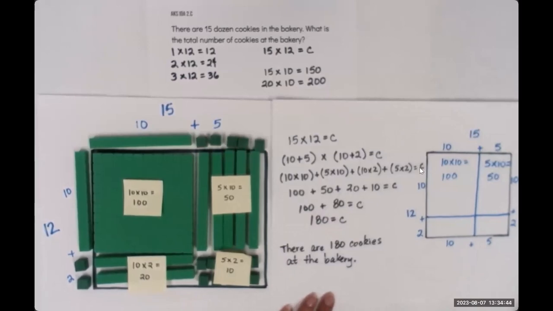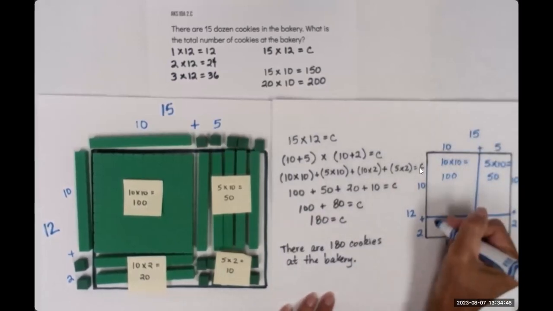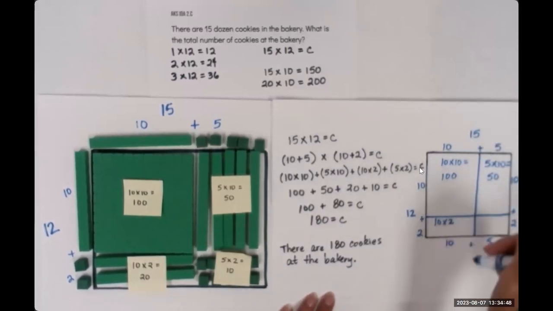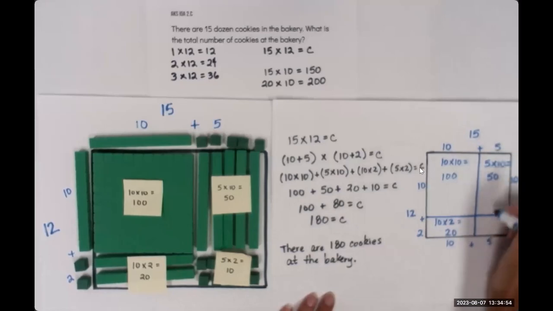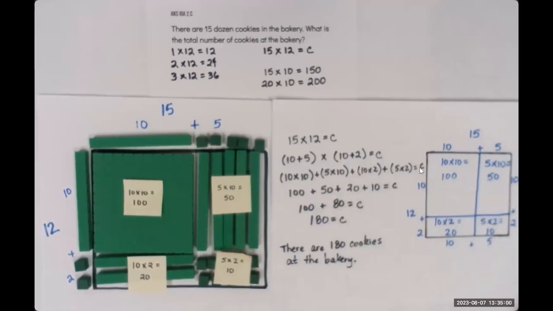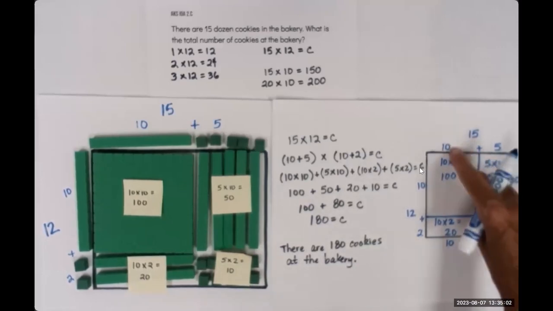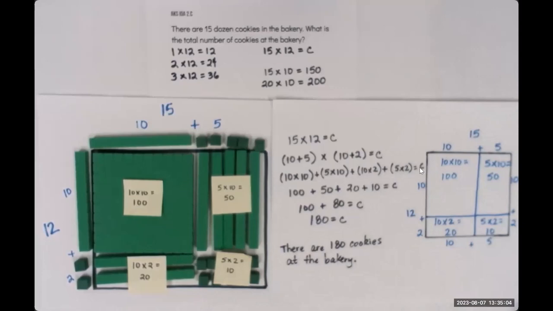Okay. Then 10 times 2. So 10 times 2 is 20, 2 groups of 10. And 5 times 2 is 10. All right. So I'm multiplying the value of each digit in 15 by the value of each digit in 12.